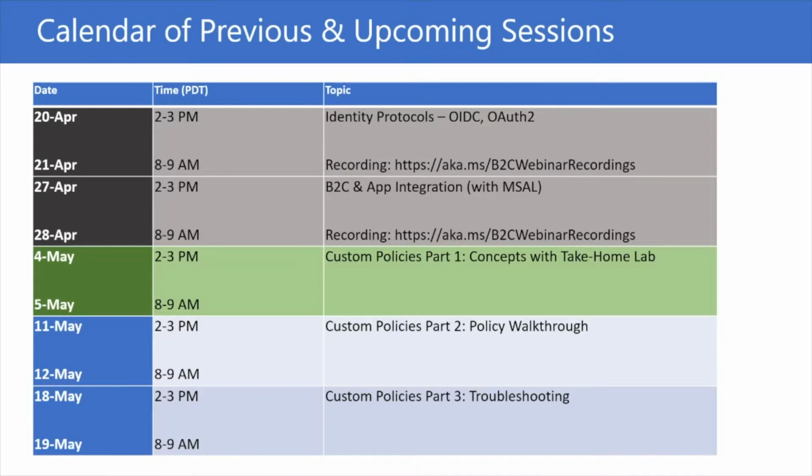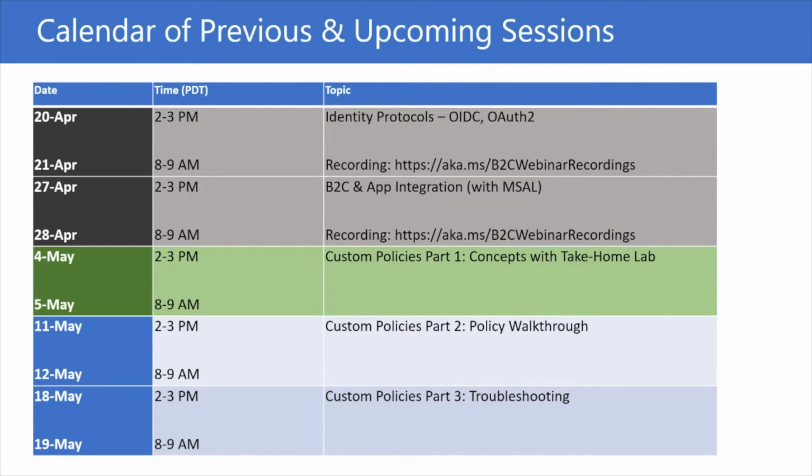Let's see, a recap of the previous sessions that we've already had and the sessions that are upcoming. We earlier had our sessions on identity protocols with OpenID Connect and OAuth, and Azure AD B2C and application integration with the Microsoft Authentication Library. The recordings for those will be at the links listed here. They're still working on getting those recordings up, but they should be up real soon.